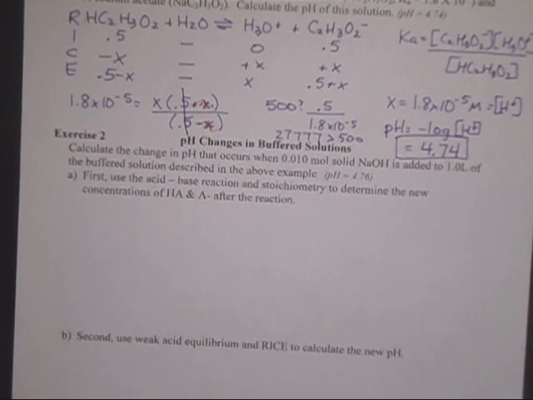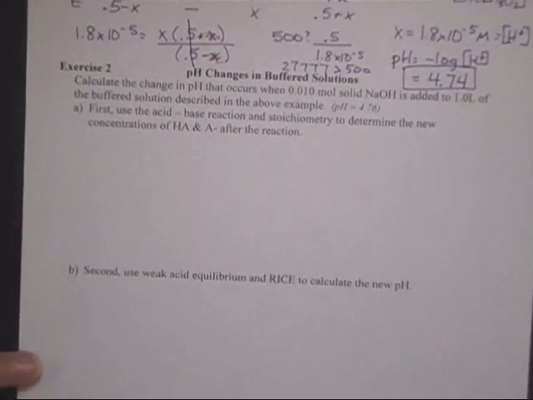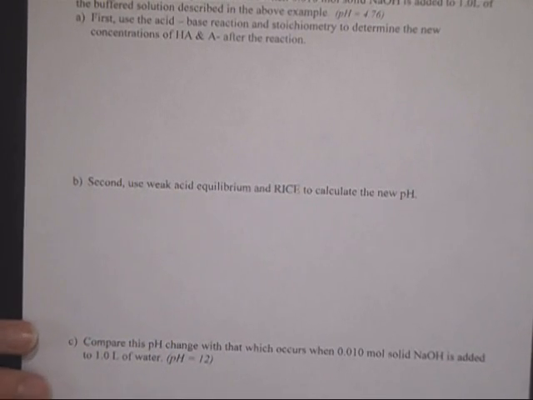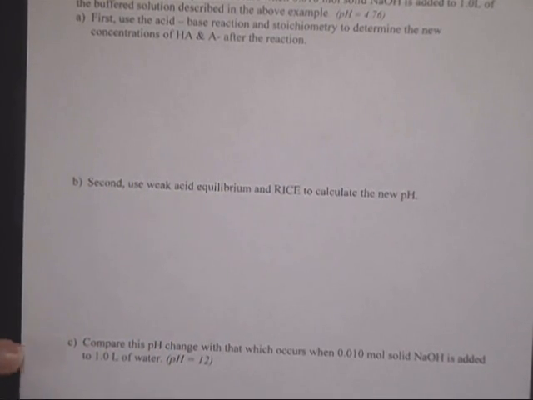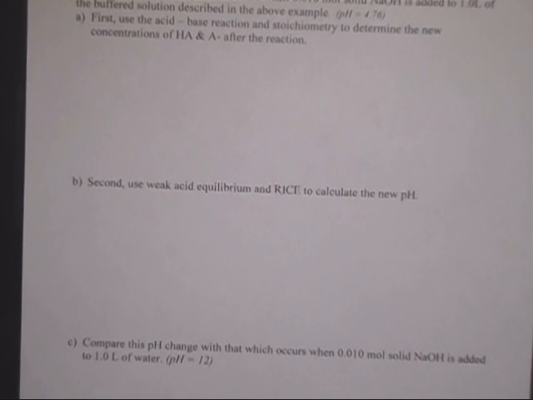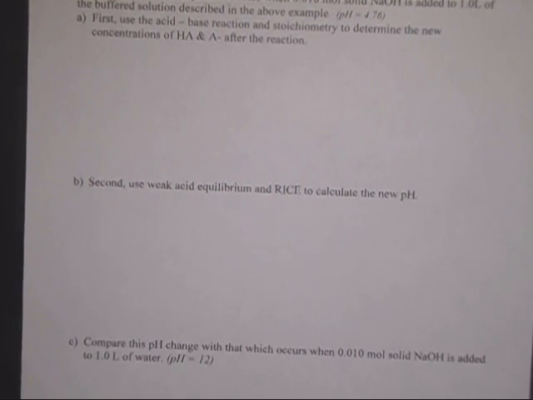The next part of this, we're going to alter the buffer solution. I'm going to add something to it, which is going to require me to do something new. It says calculate the change in pH that occurs when 0.01 moles of solid NaOH is added to 1 liter of the solution above.